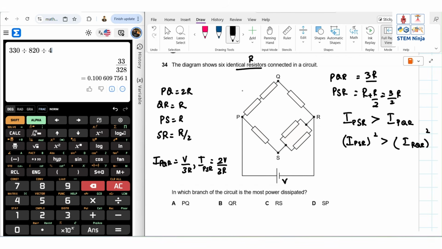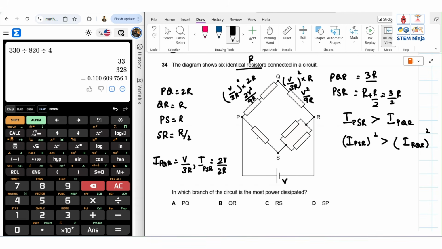So PQ: V over 3R, times I squared R. So this becomes V squared over 9R squared times 2. So 2V squared over 9R. Similarly, QR: V over 3R whole squared times R. So this would be V squared over 9R.